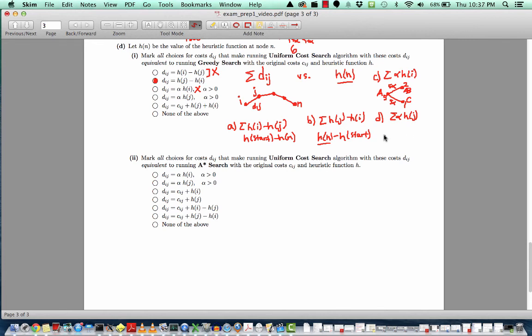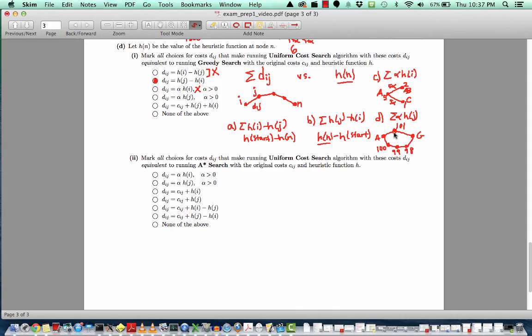So let's consider the case where we start at a node A, and then we have a node right here that has a heuristic of 101, and then the goal, versus down here where we have a node with a heuristic of 100, and then a node with a heuristic of 99, and a node with a heuristic of 98, and then go to the goal.